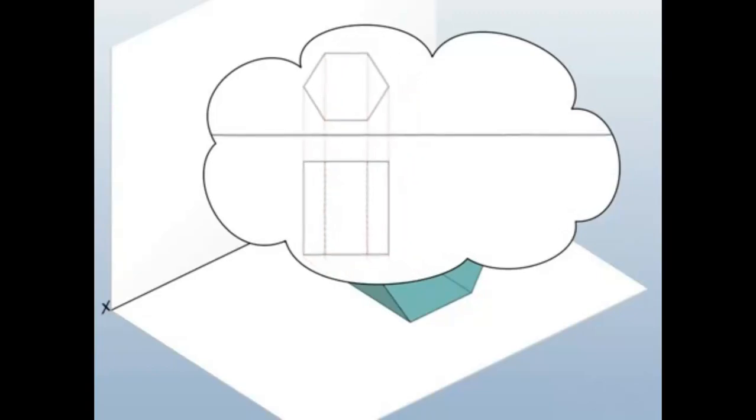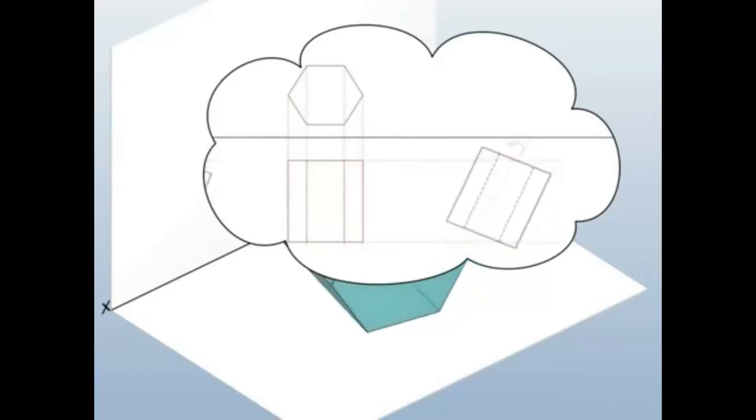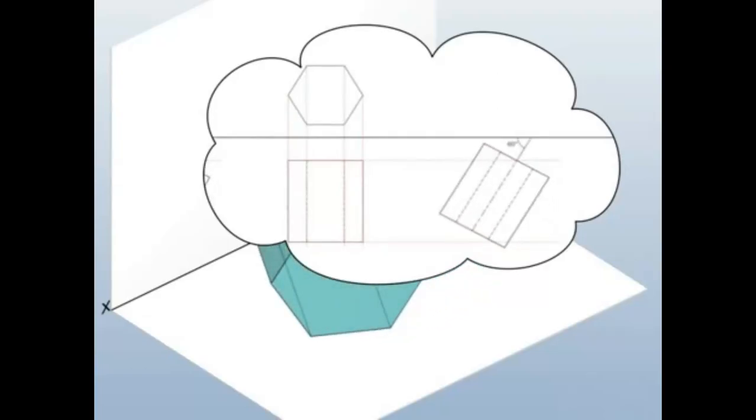Then, view showing its true shape and size is drawn. Next, other views are constructed by projecting the details from the first view. And finally, position of one of the views is altered as per requirements and remaining views are generated once again.